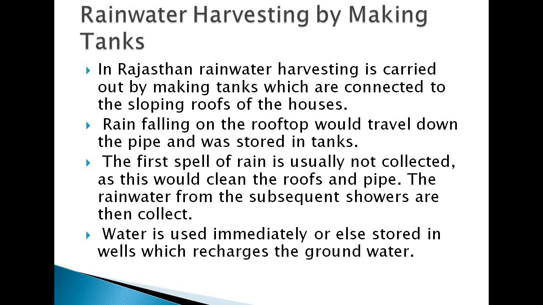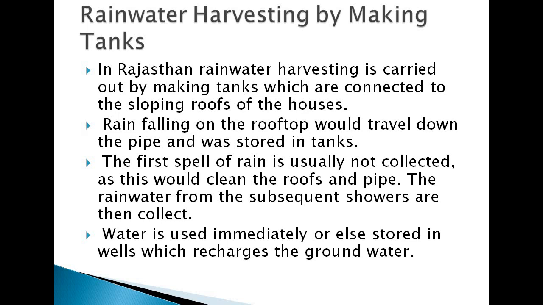So I have just talked about how they collect rainwater by making tanks. It is one of the important things. Then there are a few examples that I have given in your book as well. On page number 31, you can read that when you read the chapter. So you will get to know about rainwater harvesting and how it came up in other parts of the country as well.